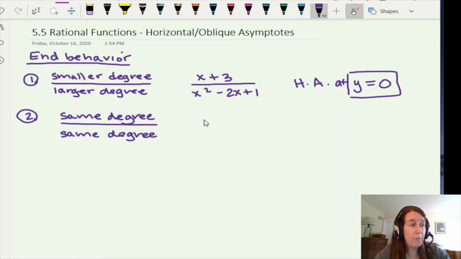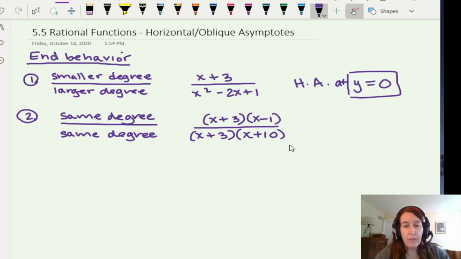So for this example, we might have x plus 3 times x minus 1 divided by x plus 3 times x plus 10. Okay, so notice that we actually have a quadratic on the top. It's really going to be x squared, and on the bottom we also have a quadratic, x squared.